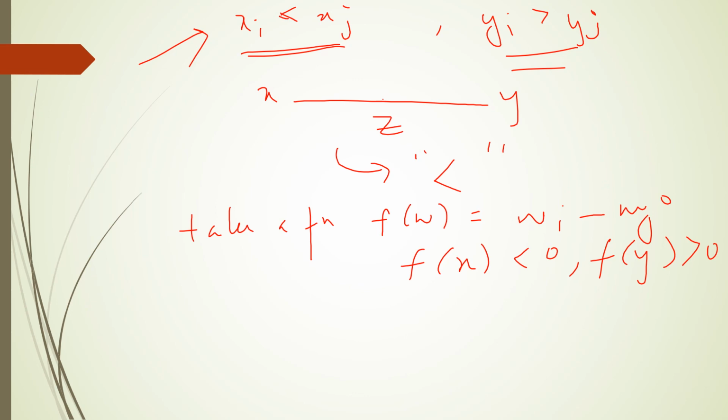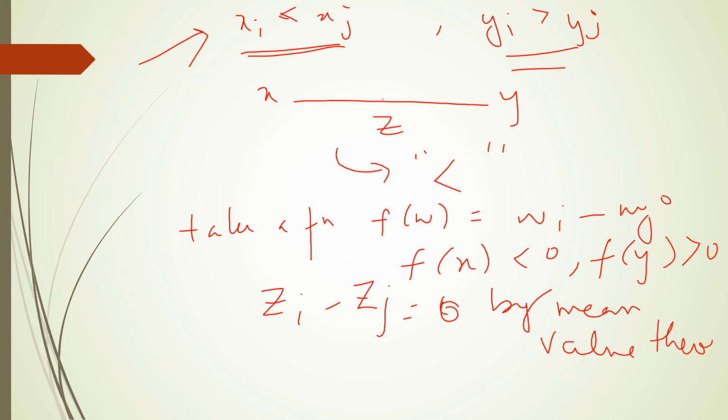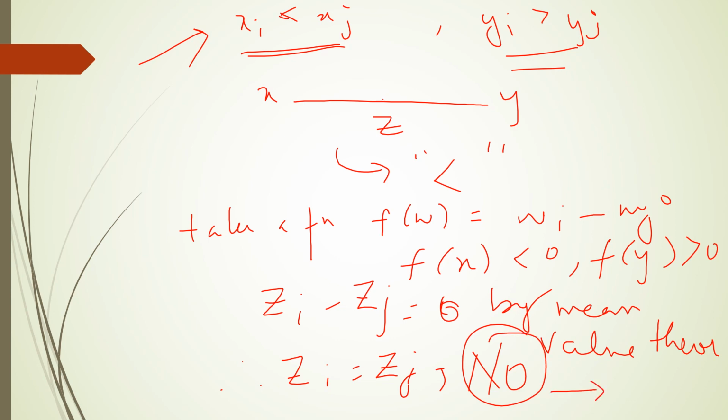So at some point, zi minus zj becomes 0 by the mean value theorem. Correct? So therefore zi is equal to zj, which gives us a no answer.